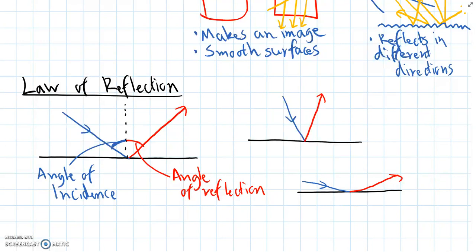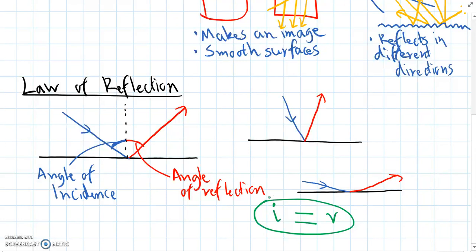And we can write out a mathematical rule for this that's actually pretty simple. The angle of incidence we just call I for incidence. So I is equal to the angle of reflection, which we call R. I is equal to R.